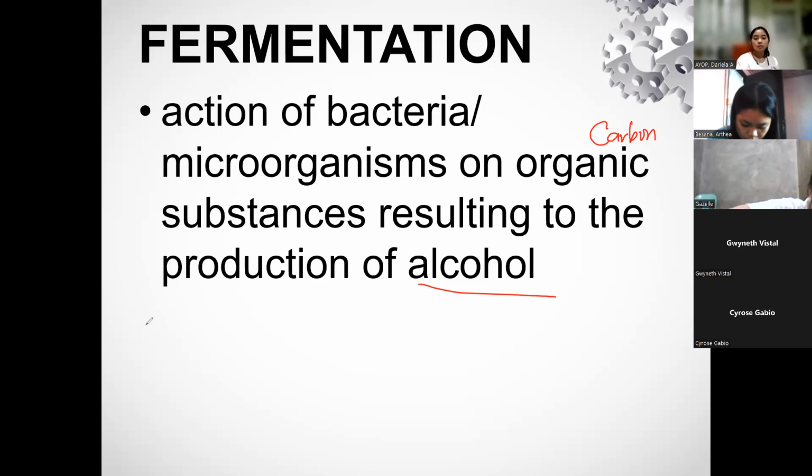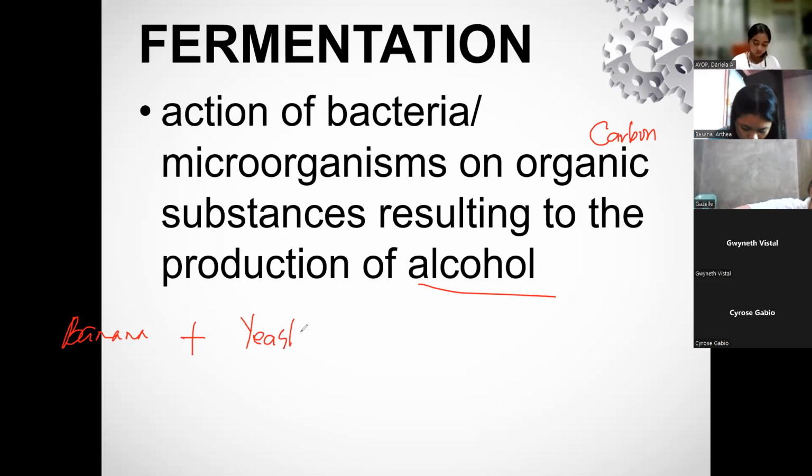Ang ginawa nila, they used fruit that is not only limited to grapes, ha. Example, you can use banana. Banana contains organic substance there. And then you will have this reacted by microorganism. Actually, this time you will not be using bacteria.